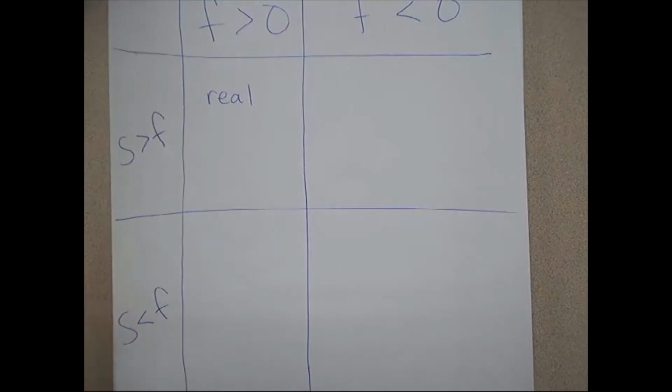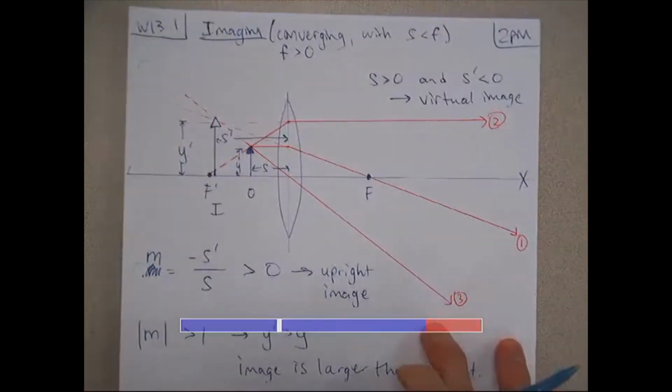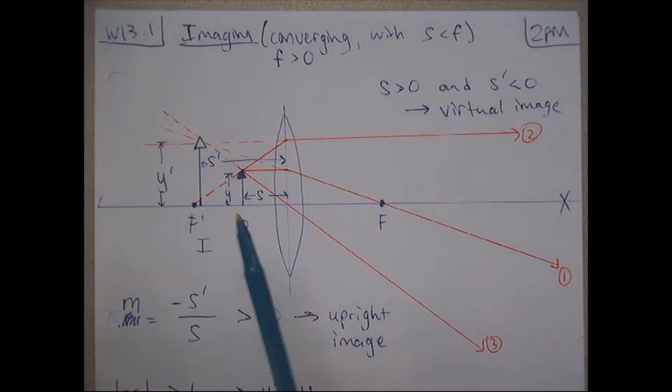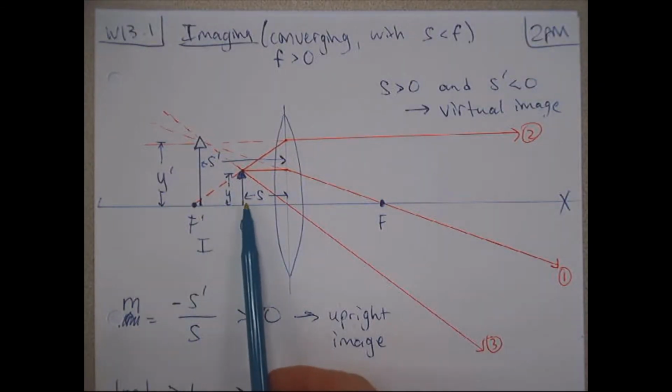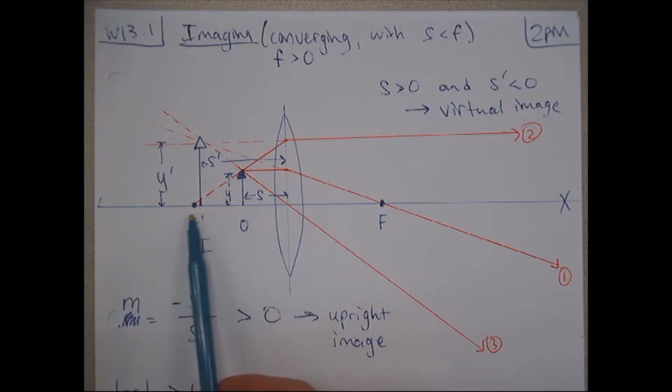That's this quadrant. But now what happens if we take the same converging lens and put the object, O, closer to the lens than the focal length?